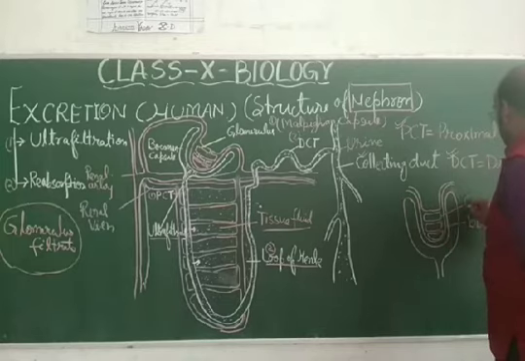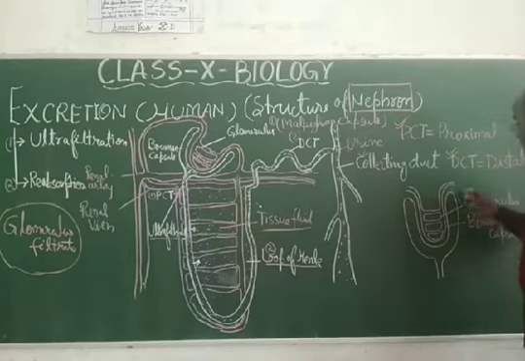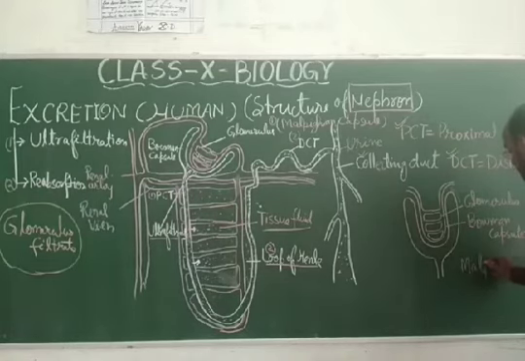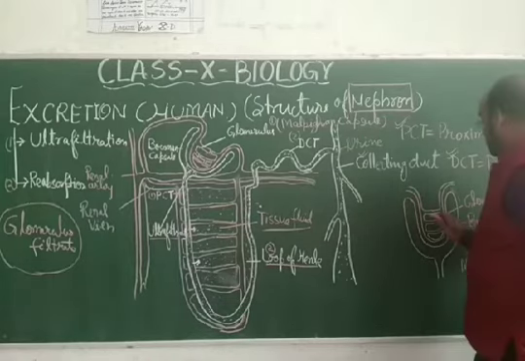This is glomerulus. So this glomerulus and Bowman capsule combined are commonly called the Malpighian capsule.